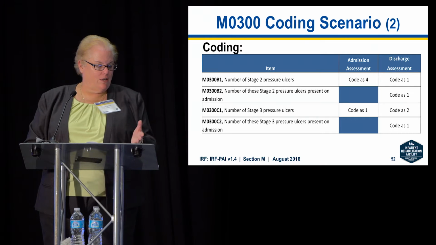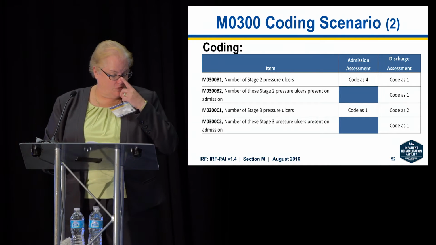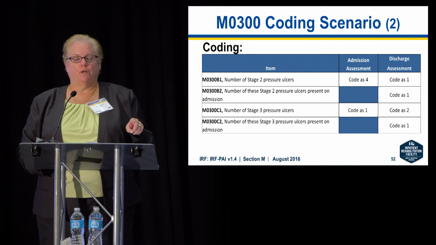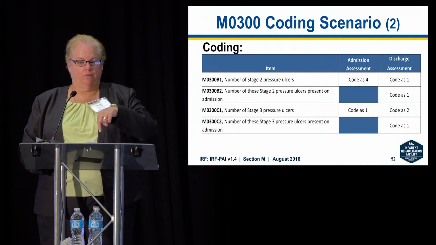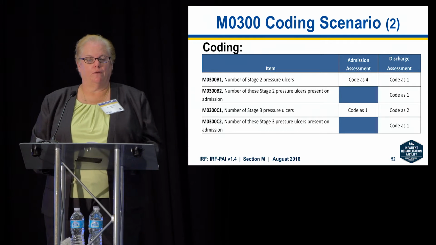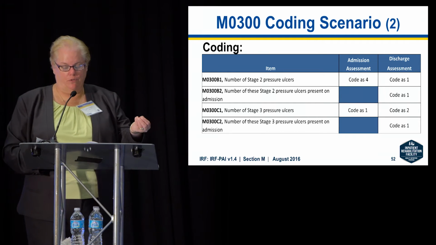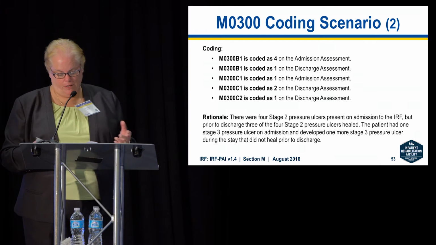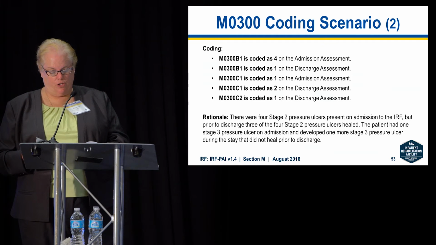When you're talking about the discharge assessment for stage 3, you have 2 at discharge. 1 of them was present upon admission, so 1 developed in the organization. That's the story these numbers are telling you. Then we go into a detailed rationale around the pressure ulcers.